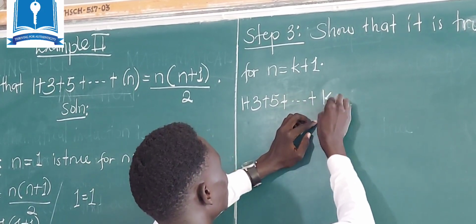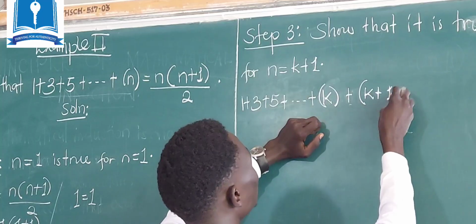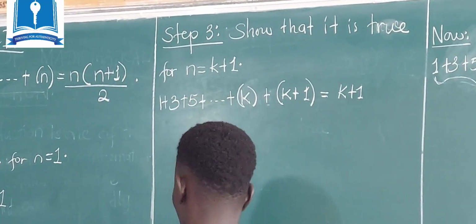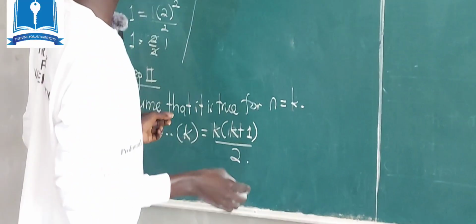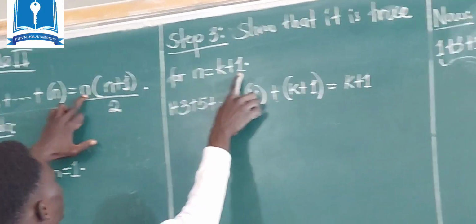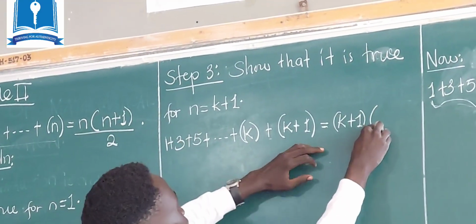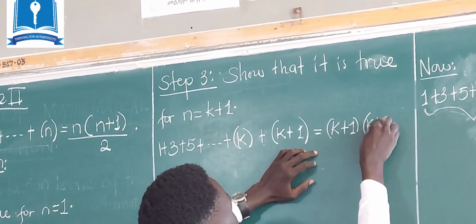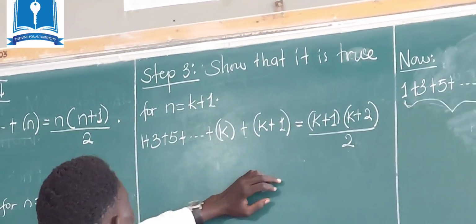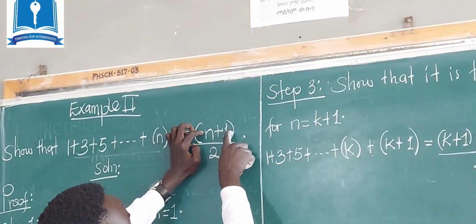We have this n, and we will replace it by k plus 1. Then we have k plus 1, then k plus 2 over 2, because when you bring it here it will be k plus 1, then plus this one again will be 2.